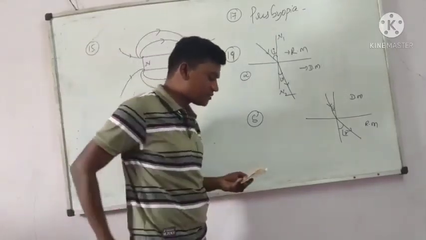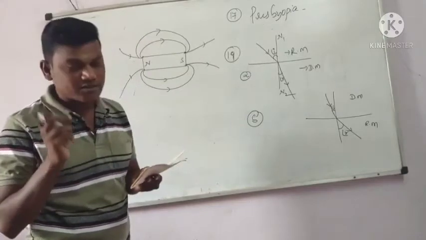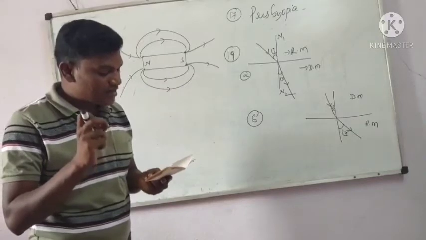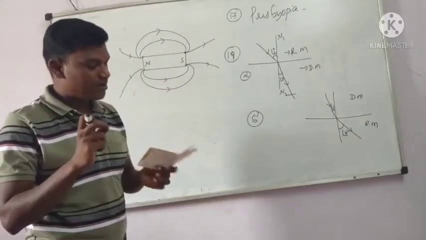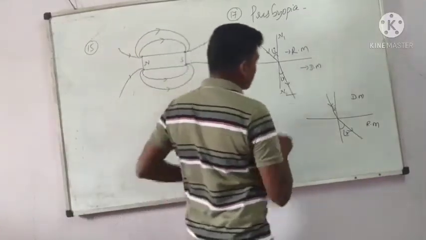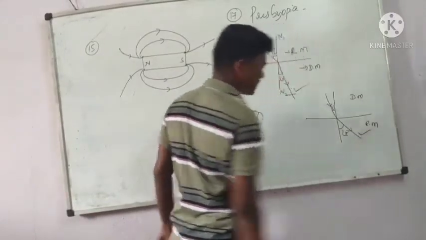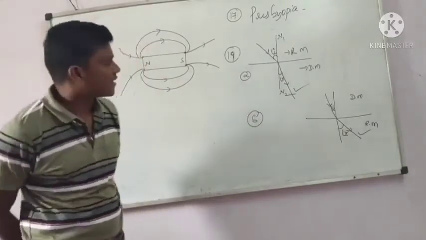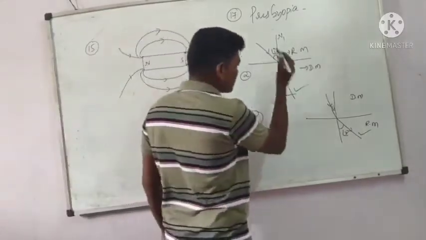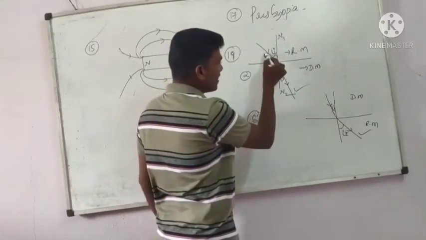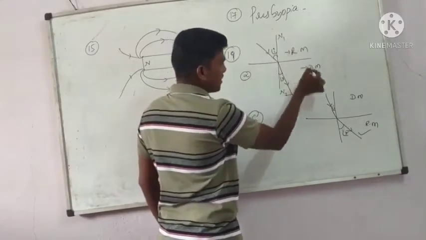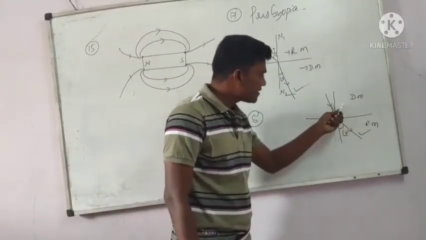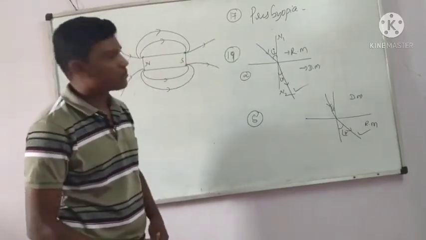Next, question 19: what differences do you notice in figure 1 and figure 2 with respect to the refracted rays? Based on the refracted rays, we observe the difference between diagram A and diagram B. In diagram A, the light ray travels from rarer medium to denser medium, but in diagram B, it travels from denser medium to rarer medium.